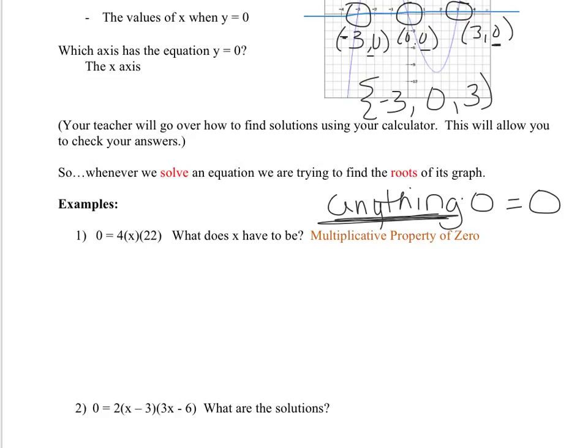So if you look here, our 4 here and our 22 are your anything. And we need that x to be 0 in order for this whole equation to be true. So that is all that the multiplicative property of 0 is stating, that if your answer is 0, something's got to be 0 when you're multiplying.